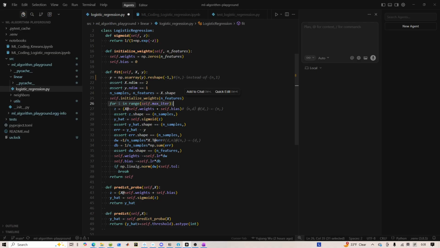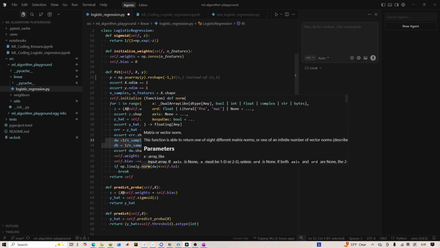For all the iterations, we use vectorized operations, matrix multiplication, and then do the sigmoid, and compute the error. Again, this is something you want to memorize for logistic regression.